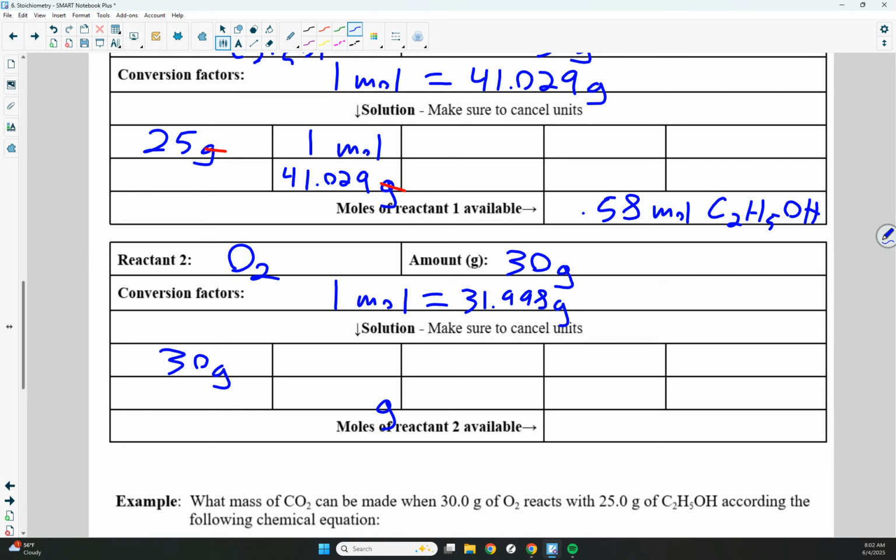So I'm going to put grams on the bottom, 31.998 grams, and that's equal to 1 mole. Of course, that enables me to cancel grams out, and I'm going to divide 30 by 31.998. Pause the video if you need to check your calculator skills. Okay, your answer should be 0.94 moles of O2.